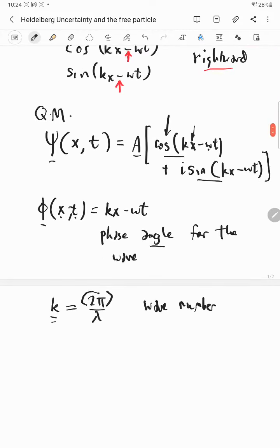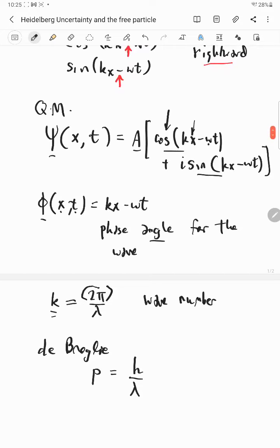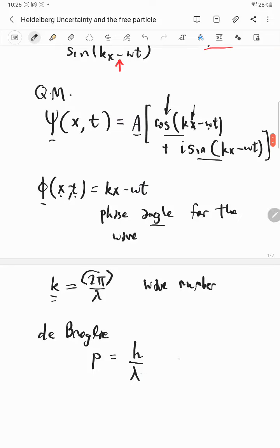But de Broglie showed us that if you have an object with momentum, then it also has a wavelength, right? So this is the de Broglie wavelength. So let's put this de Broglie wavelength in and understand our wave number as actually related to the momentum.